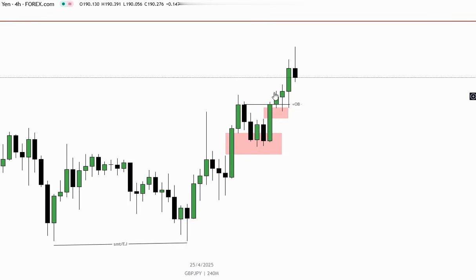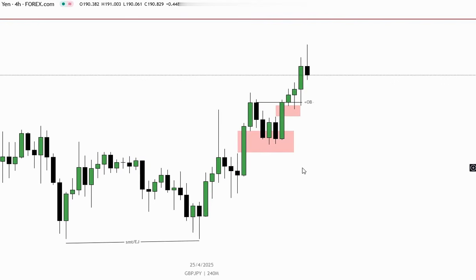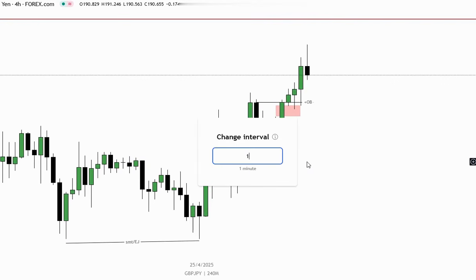You see, when it's coming in the second time to another PDRA after closing above these down close candles, price did not even wait to gravitate higher from this level. We go to 15 minutes.